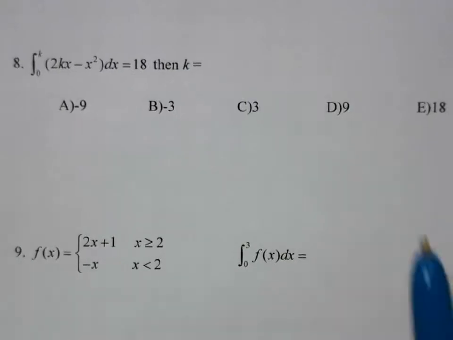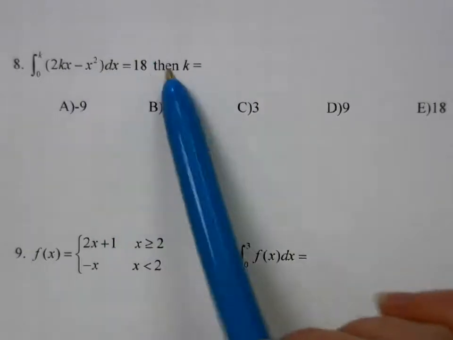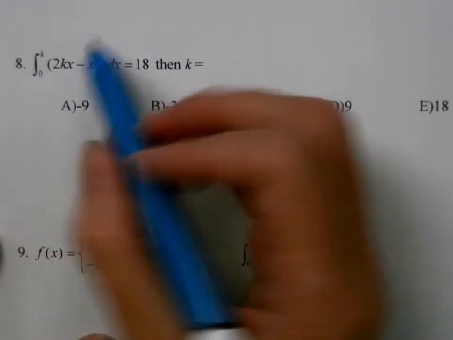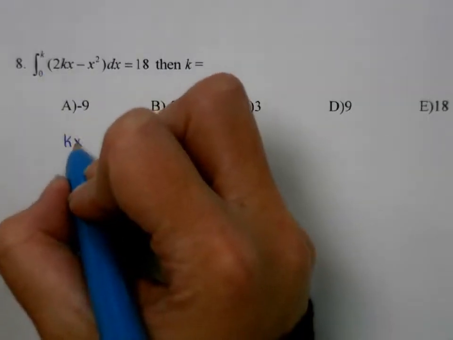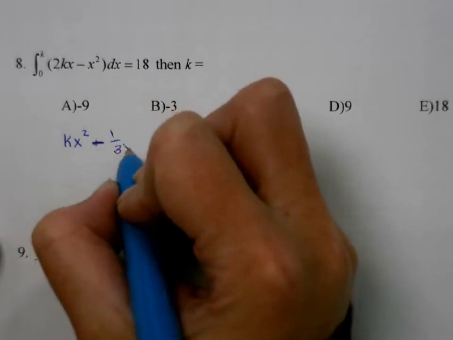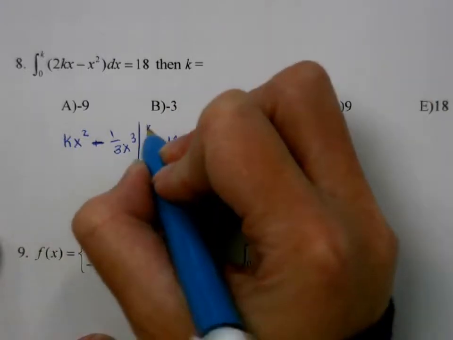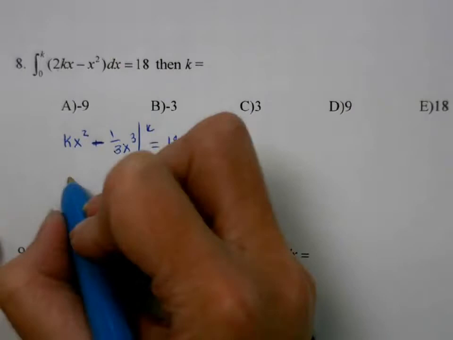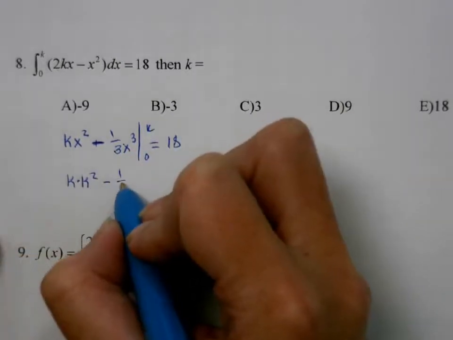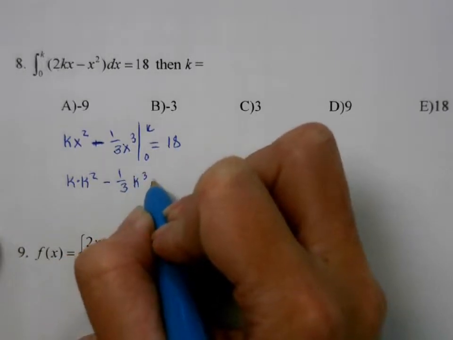So if the integral from 0 to k of 2kx minus x squared is 18, we're going to solve for k. Well, let's do the antiderivative of this, which would be kx squared plus minus 1/3 x cubed, evaluated from 0 to k. So when you plug in k, we're going to have k times k squared minus 1/3 k cubed minus, they're both going to become 0 with the 0.